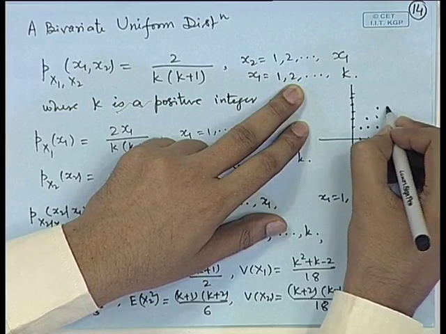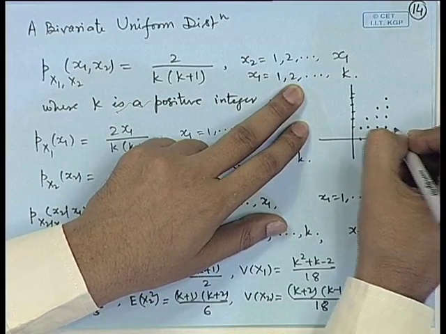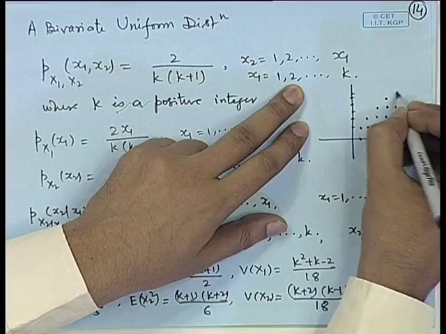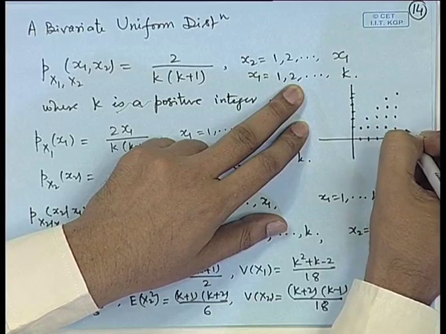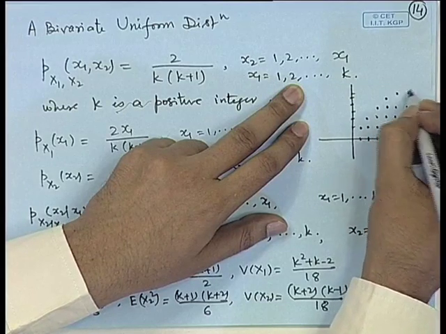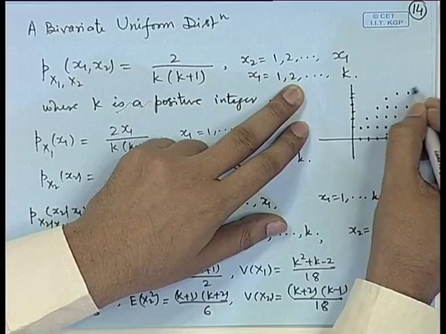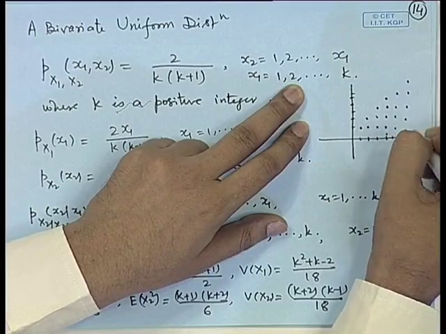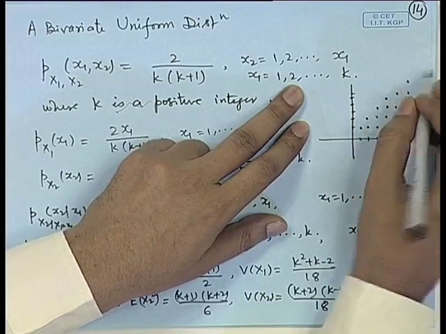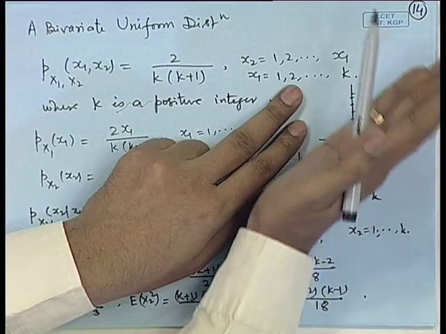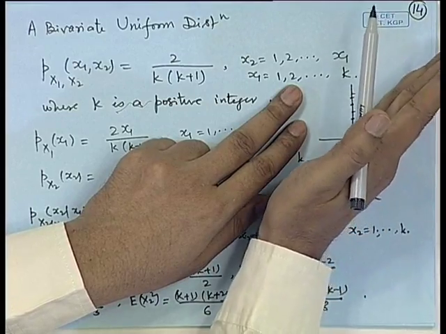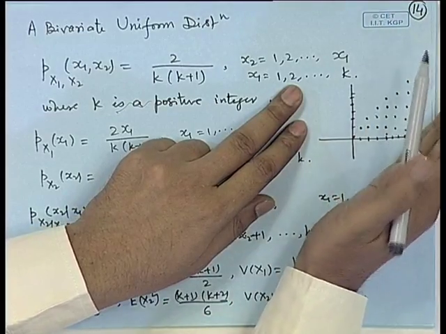So, you can see that this is a discrete uniform distribution with probabilities concentrated on these diagonals. You can say it is half of the square actually.